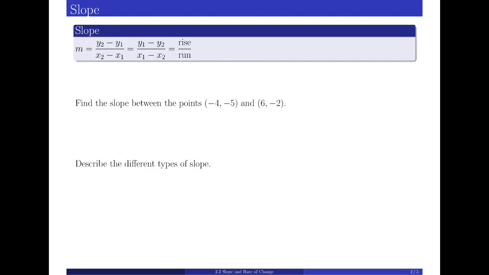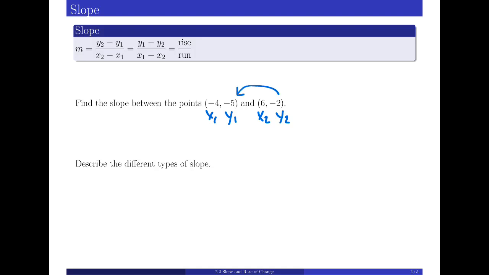So let's just call the first one point 1. So this is x1 and y1, and then x2 and y2. And I'm going to do y2 minus y1.